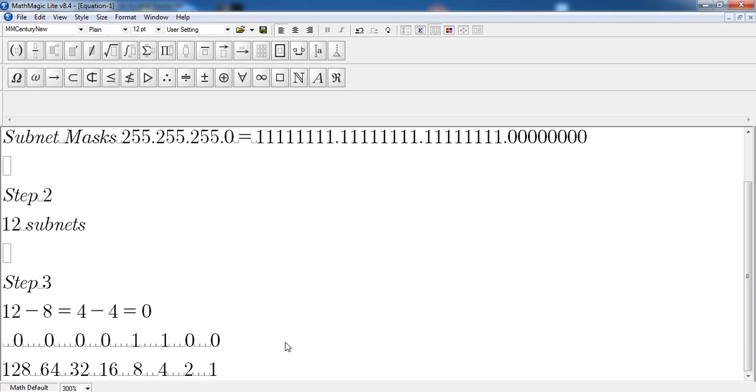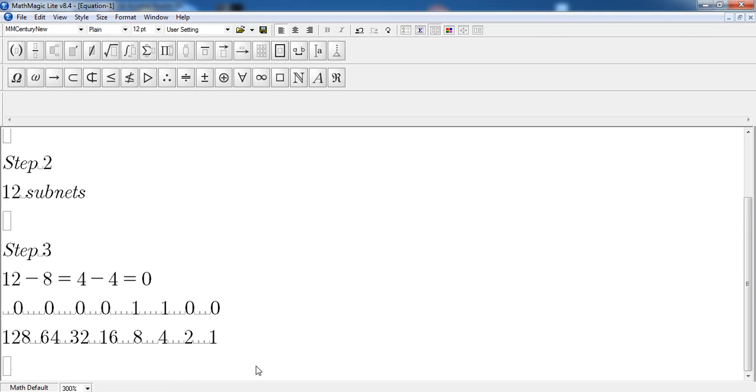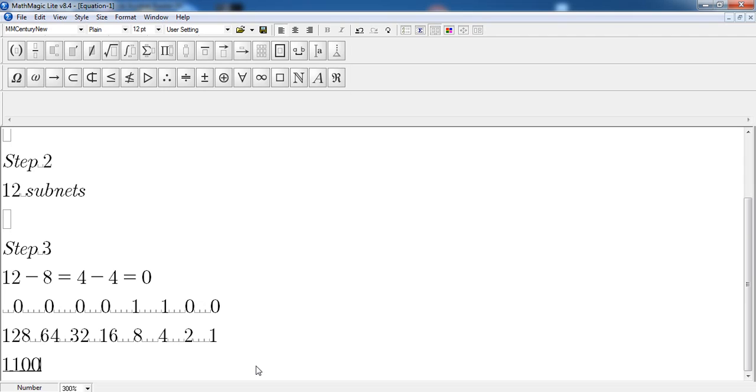Now, just like with decimal numbers, we really don't write the left-hand zeros. So in order to represent 12, that would be 1, 1, 0, 0 in binary.